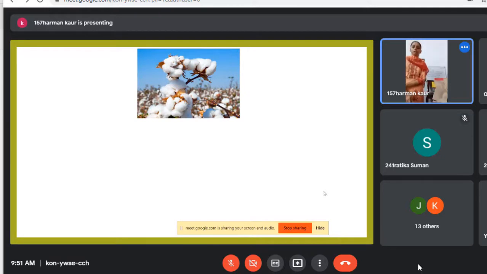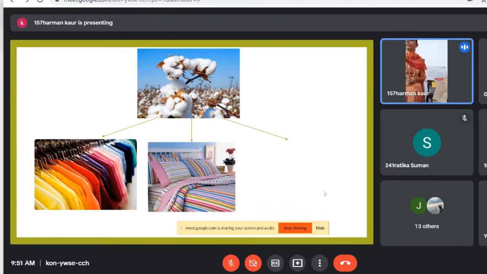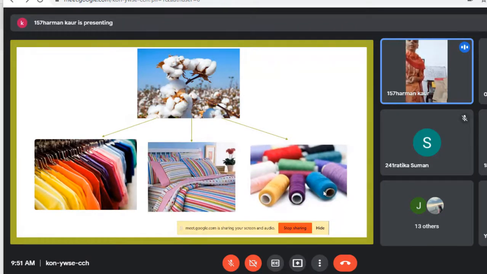Cotton. Yes, very good. Cotton is used to make which type of products? Give me some example. Cotton garments. Yes, very good. Any other? Okay. So cotton is used to make clothes, bed sheets, and thread. These are a few examples.